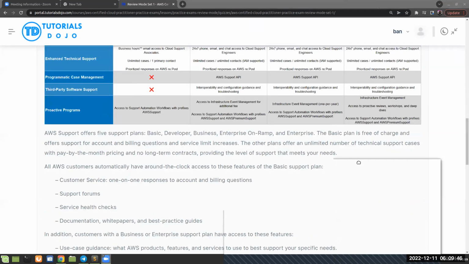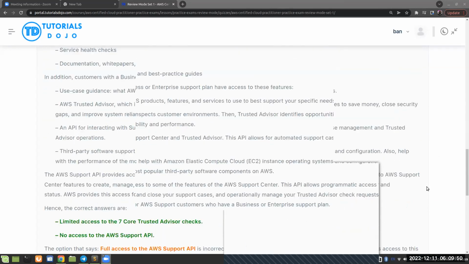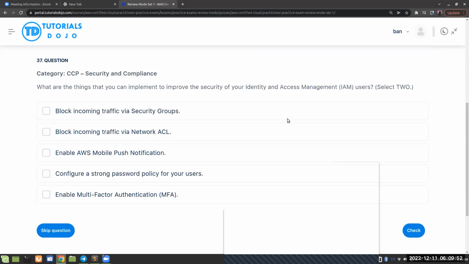And okay, good. So let's move to the next one, which is for you, Kinye. What are the things that you can implement to improve the security of your identity and access management users? Select two.